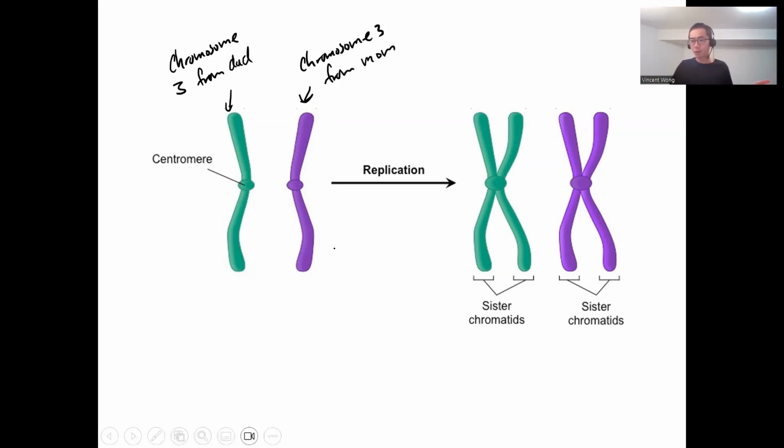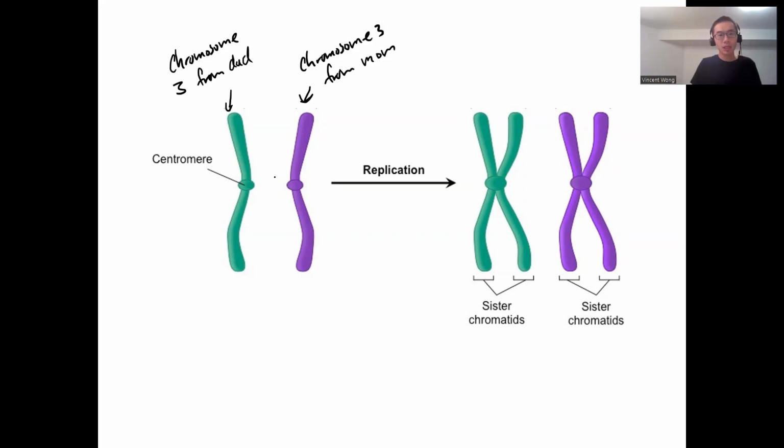And remember, we have 22 pairs of these things, right? 1 and 1, and then 2 and 2, 3 and 3, 4 and 4, all the way to 22 and 22. And if you're female, your 23rd pair would be an X and an X. But if you're male, your 23rd pair would be an X and a Y.